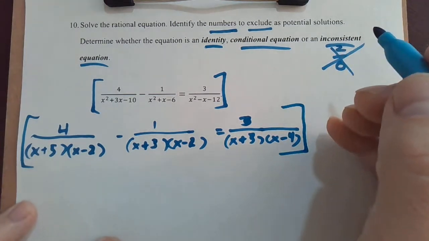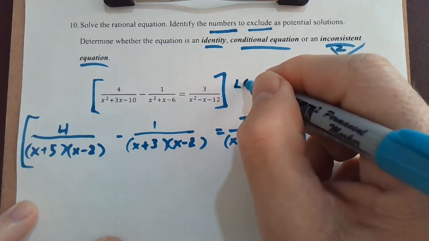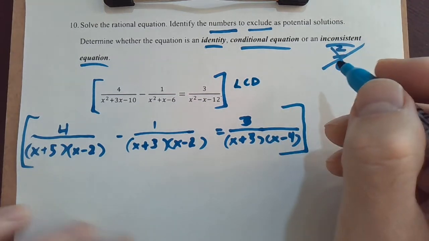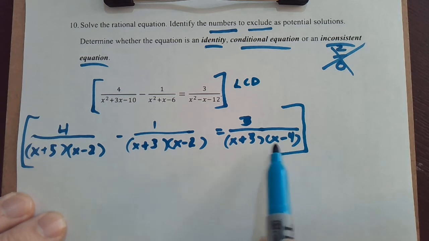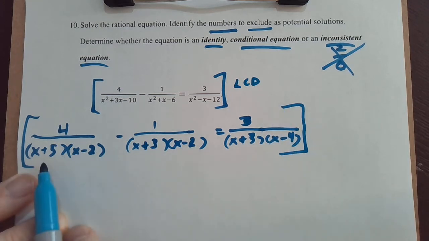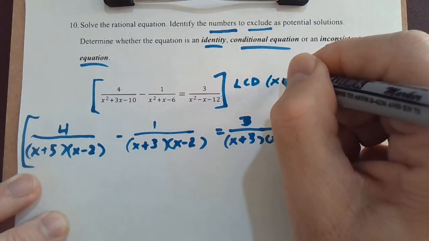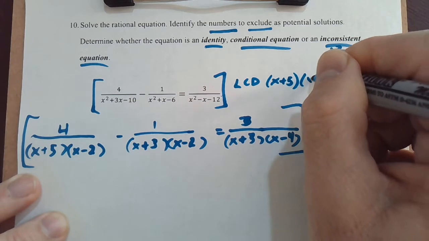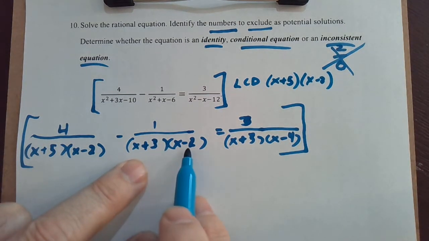The least common denominator, probably don't have enough room to write it out all the way there, so maybe I'll put it up here. The LCD is every factor listed down in the denominators has to be part of the LCD. So I have to have x plus 5 and I have to have x minus 2. I have to have x plus 3 and I have to have x minus 2, but I also already have x minus 2.